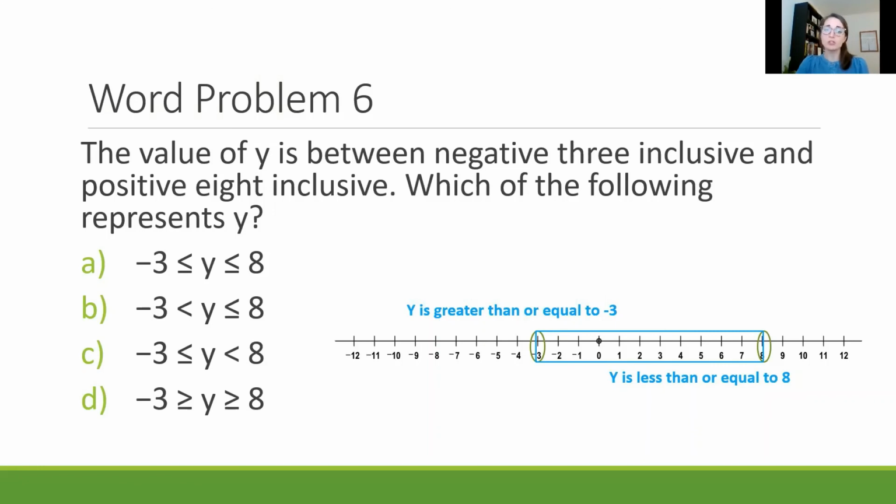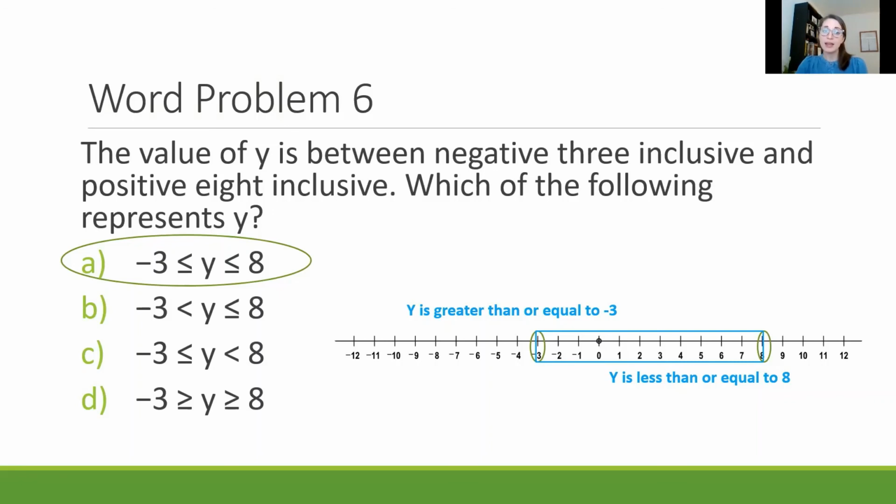So when I put those together, I need to find which of these inequalities represents those statements. And ultimately, it's going to be letter A. You can see that both of the greater than, less than signs have the line underneath of them, which includes equal to. And that's going to be really important here. So that would automatically knock out B and C where we don't see those. And here we want it to read correctly.